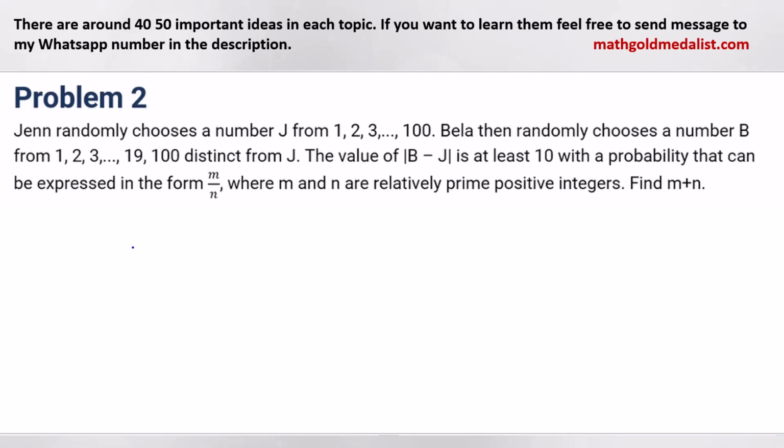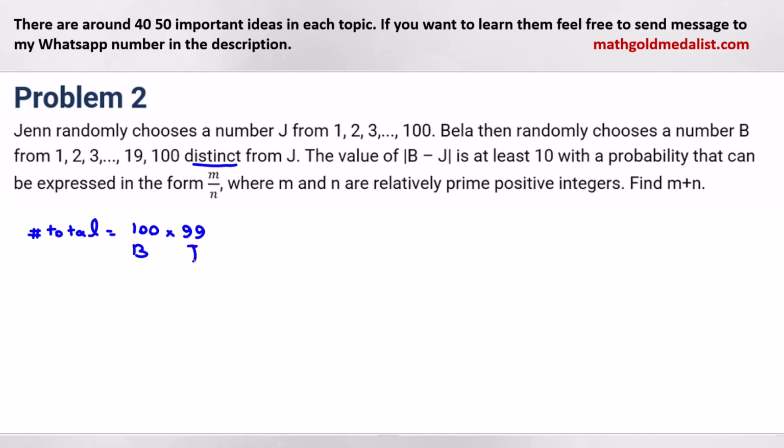We can say at first, can you tell me the total number of cases is equal to what? For B, how many cases are there? 100. Because it says for J it should be distinct, 99.